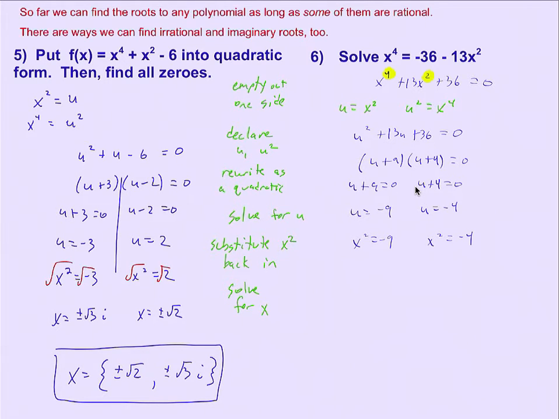Usually this just means taking the square root of both sides. Not always, there could be something else going on. But generally speaking, all that we're going to have to do is take the square root of both sides. And then our solution, plus or minus 3i, or plus or minus 2i. And so that is our final answer.